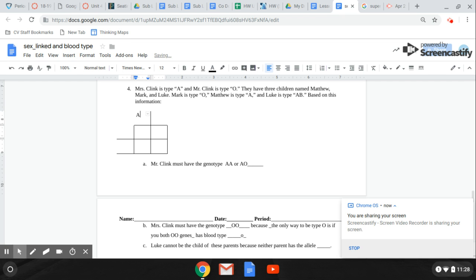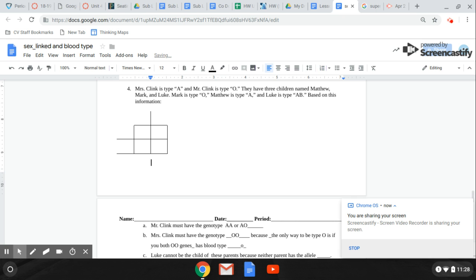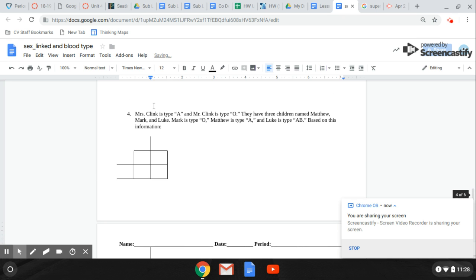We can have 2 scenarios, and I'm going to copy this so that you can see both scenarios in action. Give me a second to copy and paste that. Okay, so we have 2 scenarios.